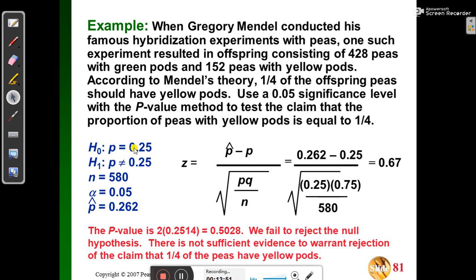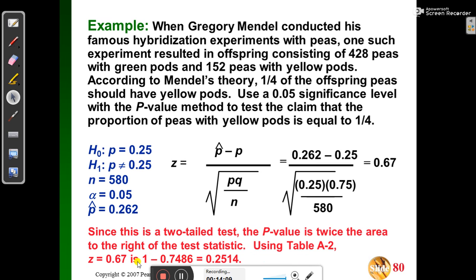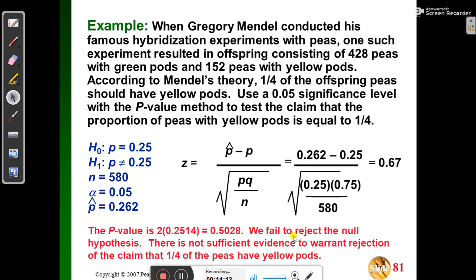As this is a two-tailed test, we need to take the p-value as twice 0.2514, so the p-value is 0.5028. We fail to reject the null hypothesis because that is not inside the critical region. There is no sufficient evidence to warrant rejection of the claim that 1/4 of the peas have yellow pods.